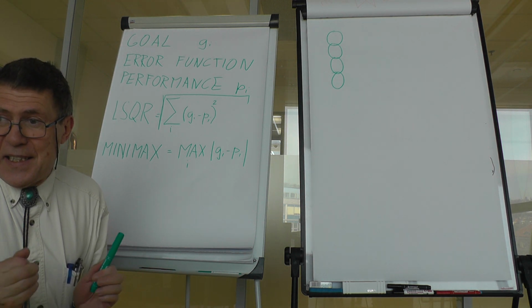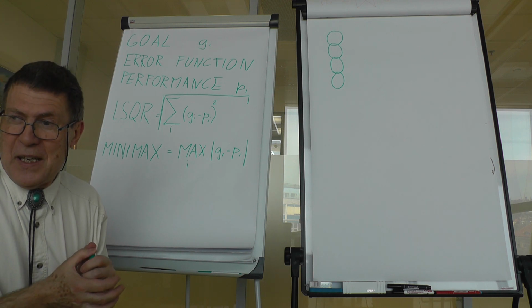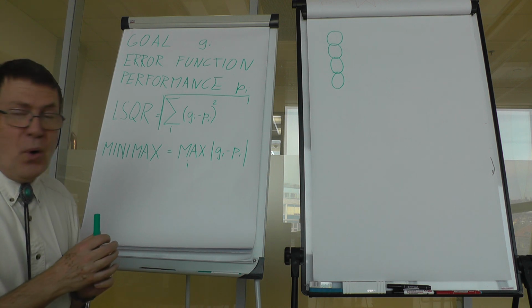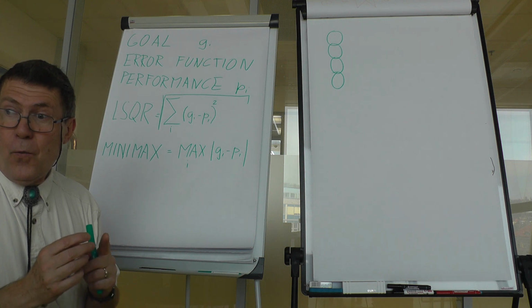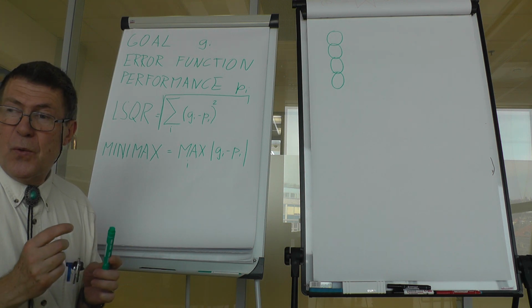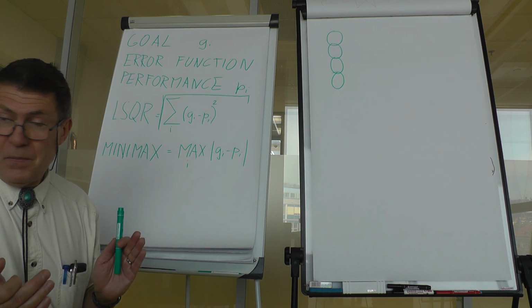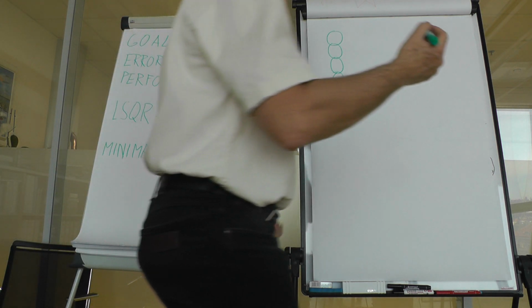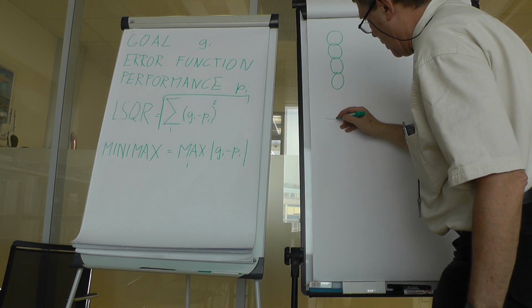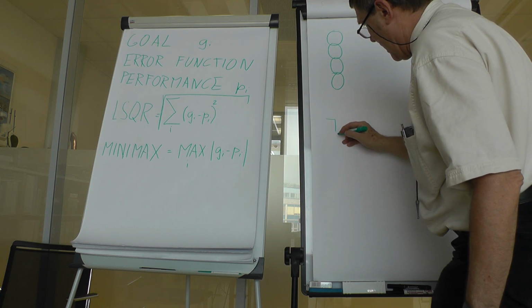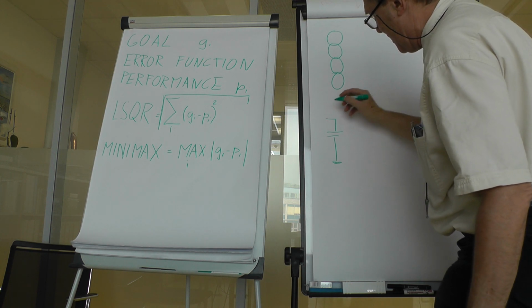Now, in the case that you have not the possibility to meet all goals at the same time, it is very important to consider another topic. For example, if you want to find out, let's say, an equivalent circuit of a transistor, well, let's say if you have a high frequency field effect transistor, it could look like this: you would have an input capacitor with its field effect transistor.